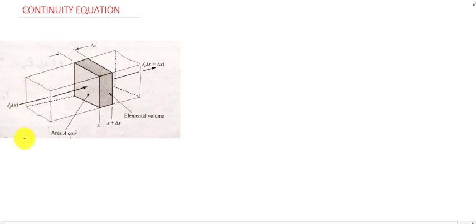So Jp of x is the current, or current density, entering the delta x volume. This differential length delta x times the area will give the actual volume. Here the area is assumed to be unity.